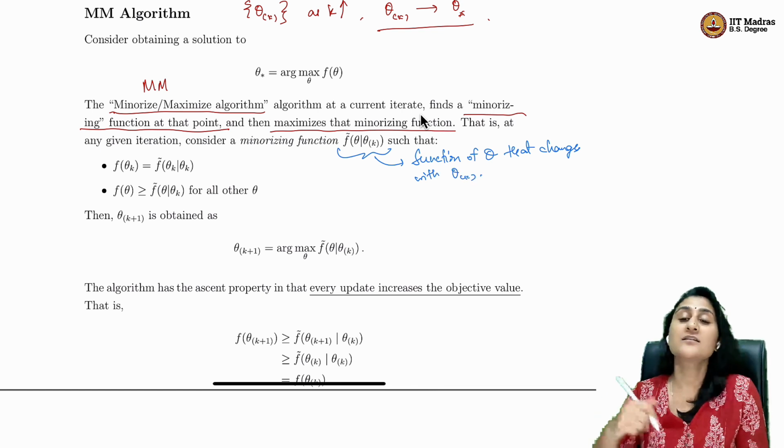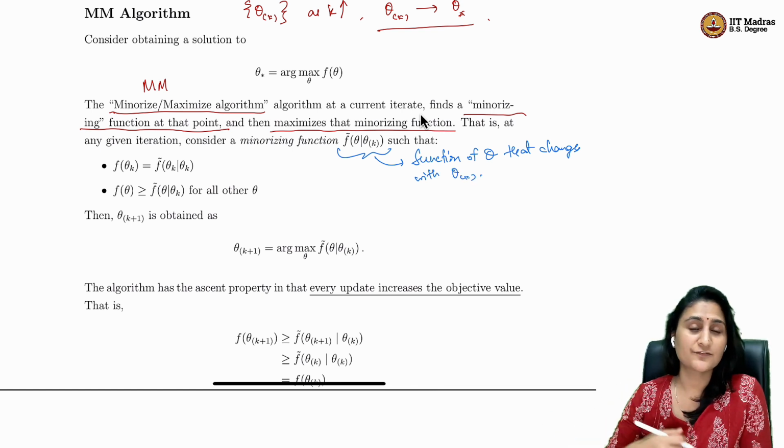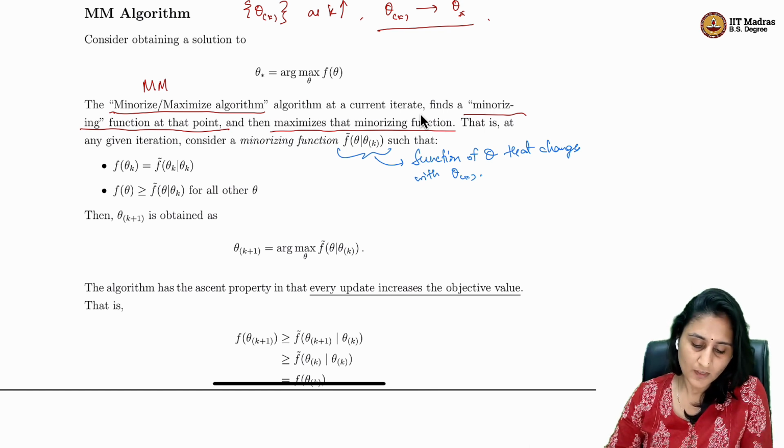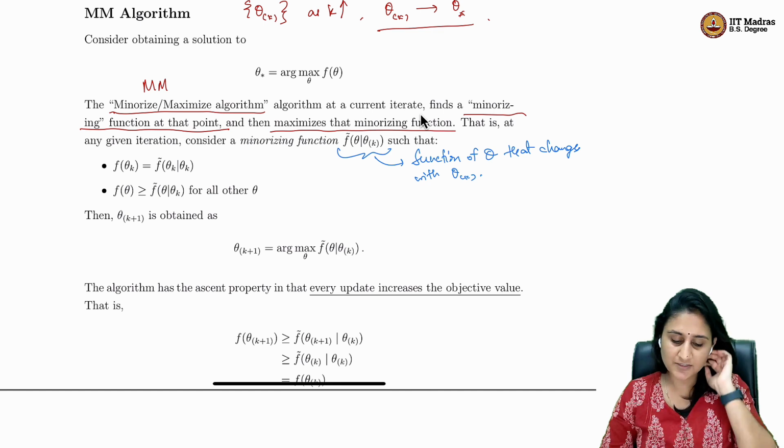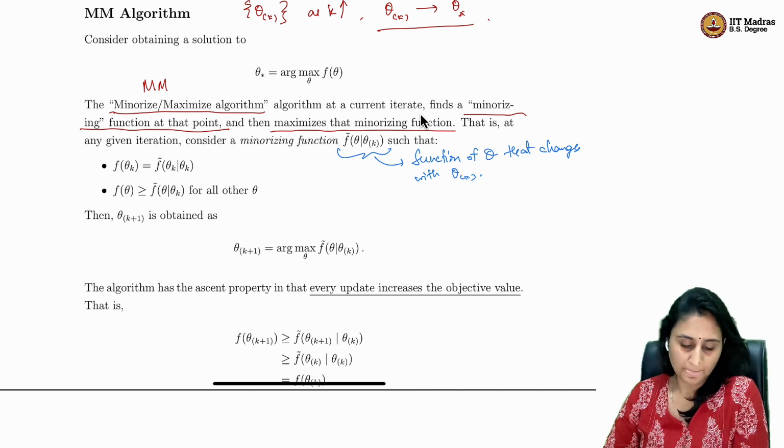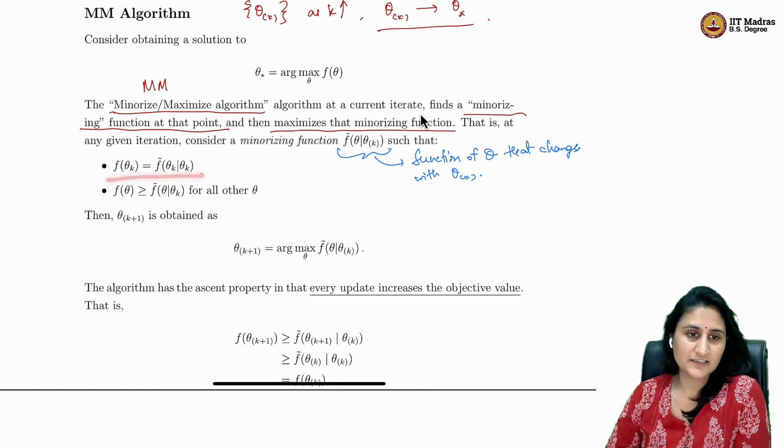So given a different current iterate, it will give you a different function. Given a certain value of theta k, it is a function of theta, okay? A minorizing function is such that f of theta k is equal to f tilde of theta k given theta k, and f of theta is greater than or equal to f tilde of theta given theta k.